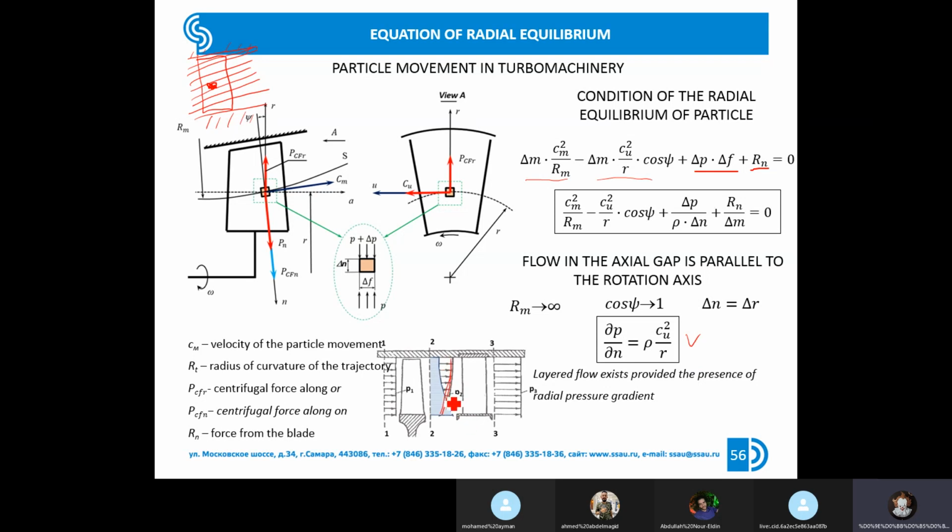I'm not sure we will discuss the radial condition, the condition of the work of the turbomachinery stage at different radii, but it has a great influence on the calculation of parameters along the radius. So this is a very short moment because I needed to show you this equation.